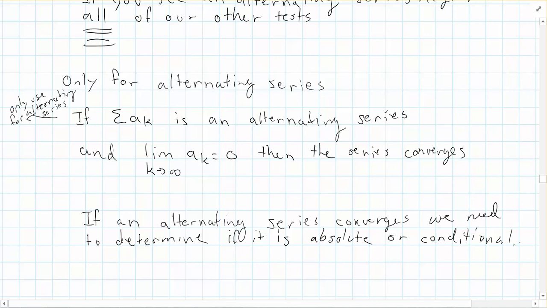So once we know an alternating series converges, this is where we have to then determine whether it's an absolute or conditional convergence.